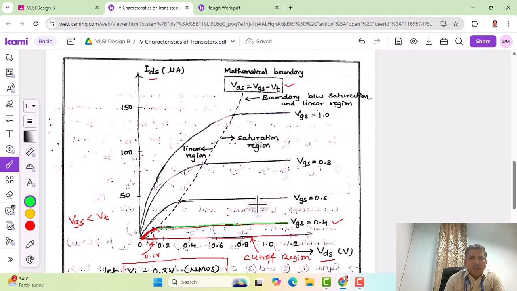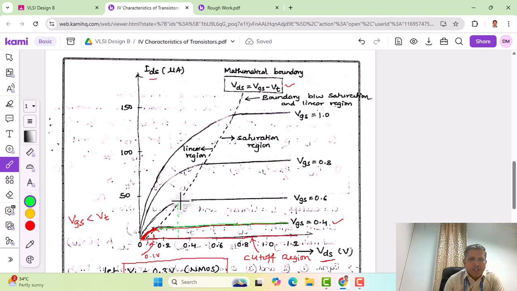Let us go for another curve and try to understand the commencement of saturation and the end of the linear region. Let's say we have preferred 0.6 volts. So let us substitute here VGS as 0.6, VT is 0.3. Saturation commences at 0.3 itself. So 0.3 is somewhere here. This is a rough scale I have taken here.